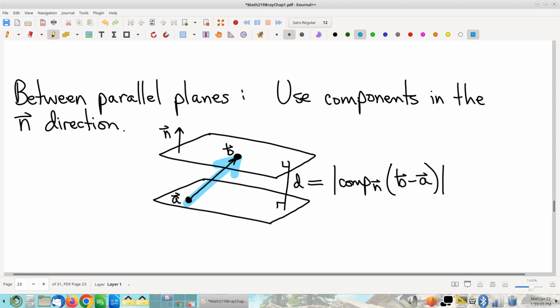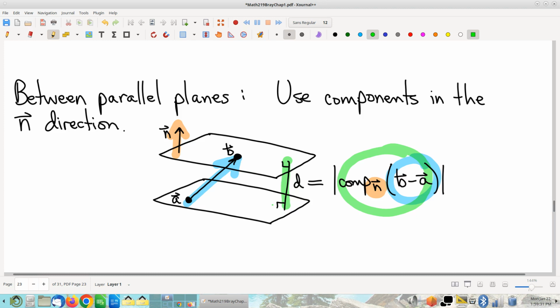So if I just pick an arbitrary vector and look at that difference, that displacement, it's not going to be the shortest possible. The clever move is to realize that if you look at the part of that vector that's in the normal direction, that component is exactly what we're looking for.